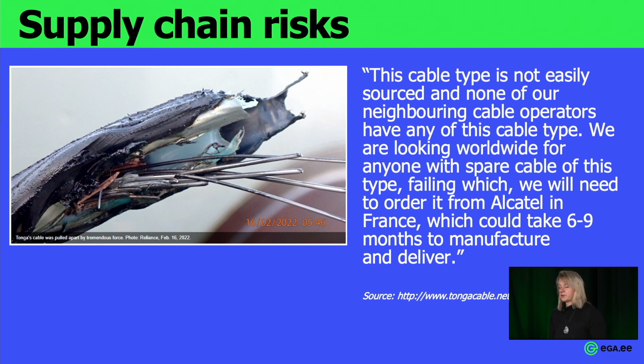This is a picture of an undersea cable, and you are very well aware that half a year ago you lost your internet connection because these undersea cables were broken. And it means that your supply is really depending on this simple one cable.